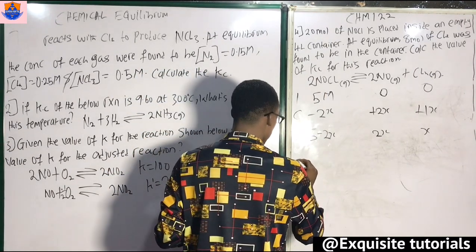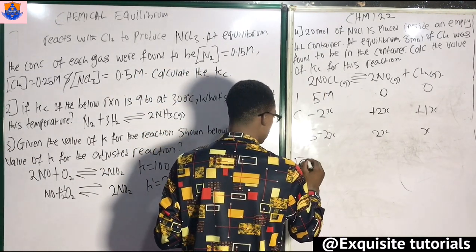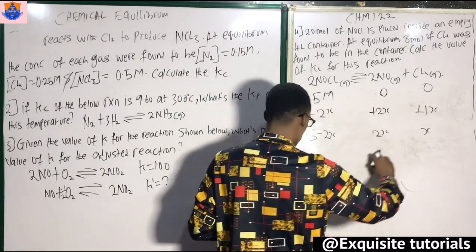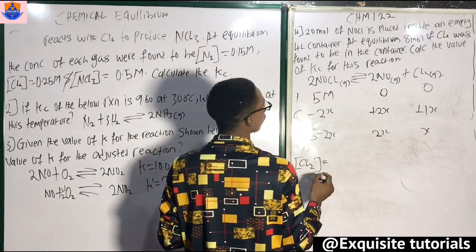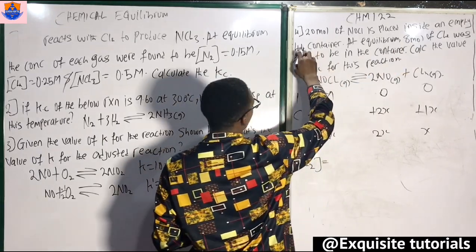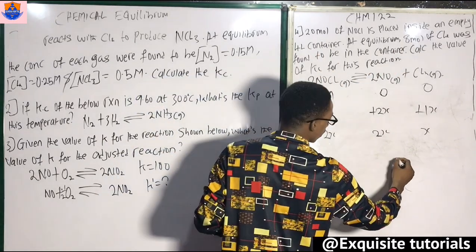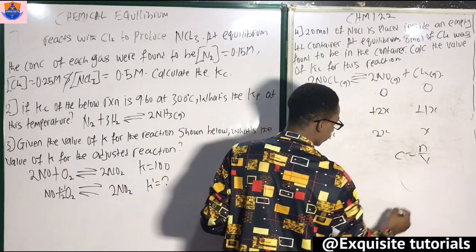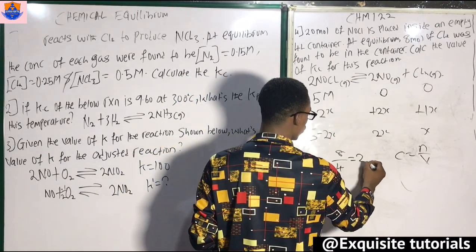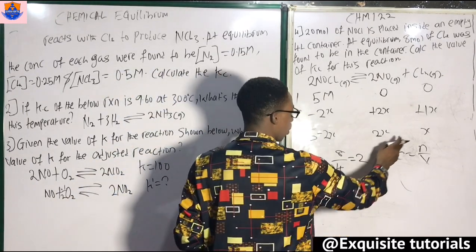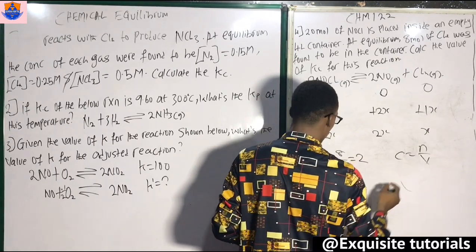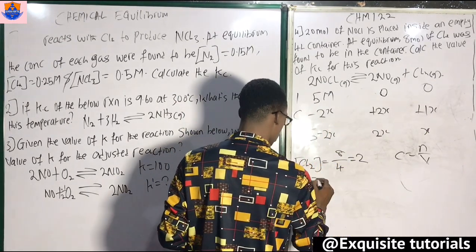Now, the concentration of Cl2 at this equilibrium position will be 8 mole divided by 4, since concentration is equal to n over V. So we have 8 over 4, which is equal to 2. So we have our concentration of Cl2 to be 2. Therefore, x is equal to 2.